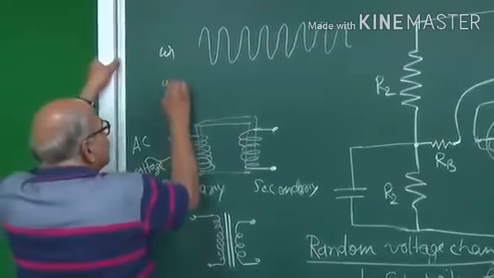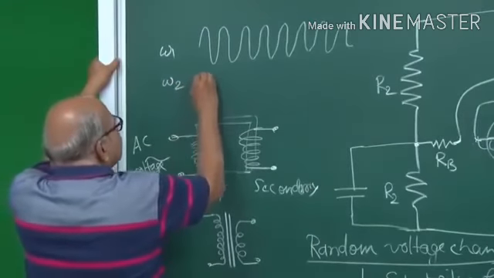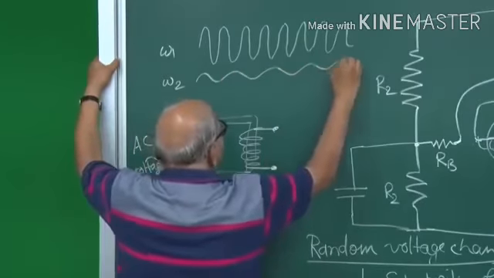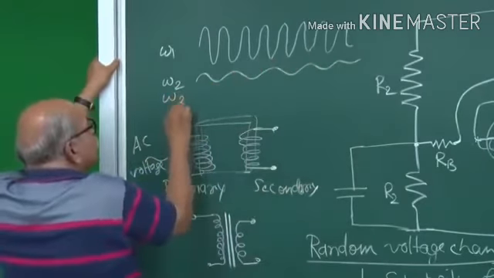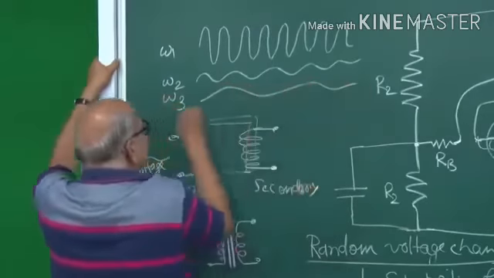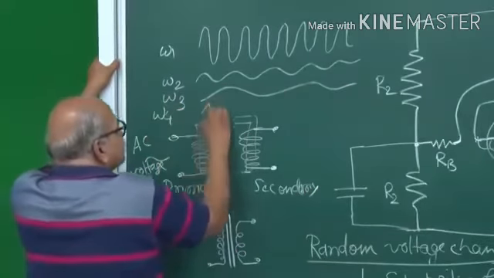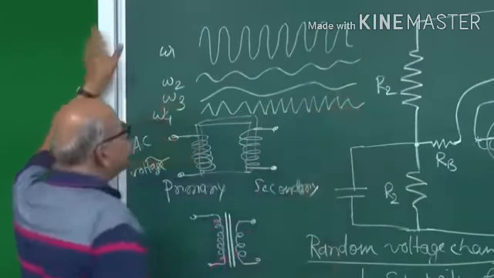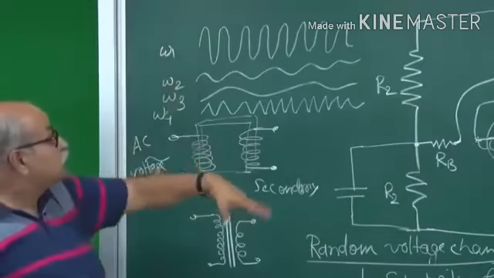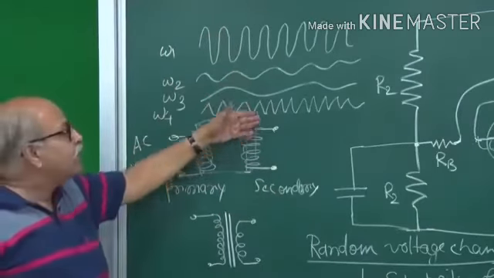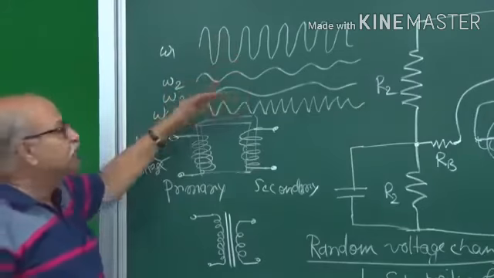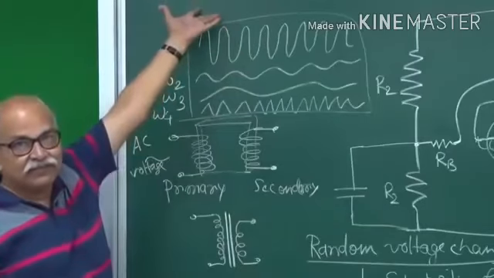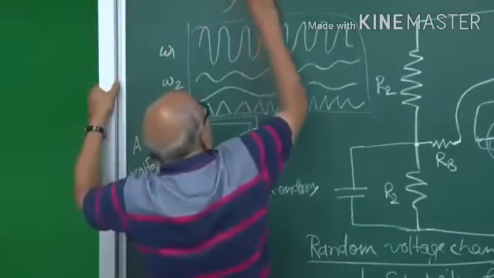If you take various angular frequencies, omega 2, omega 3, omega 4, and adjust your amplitudes properly, a large number of appropriately chosen frequencies and amplitudes, and add all these things, you can produce varieties of waveforms, like for example this kind of thing.